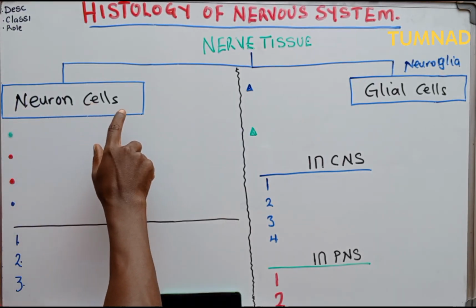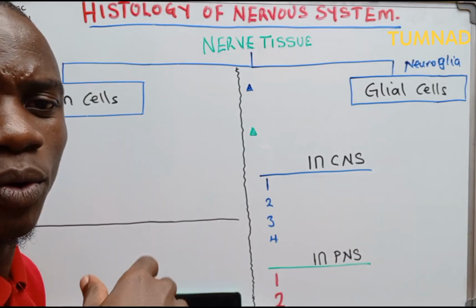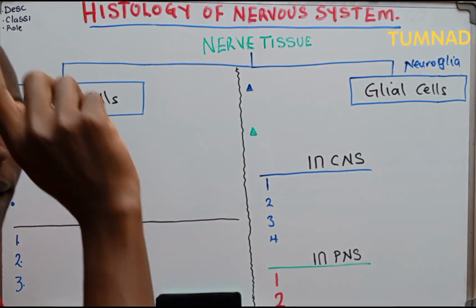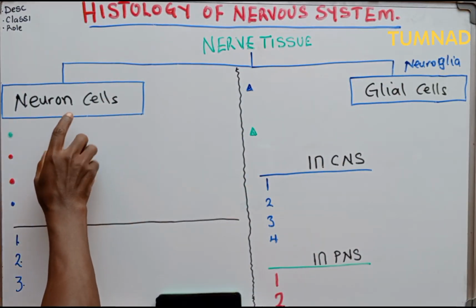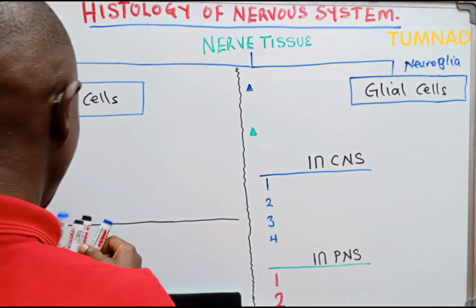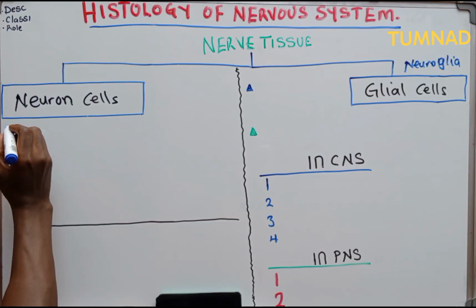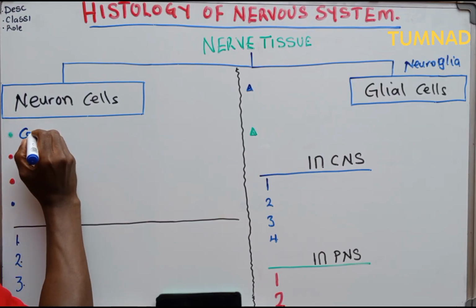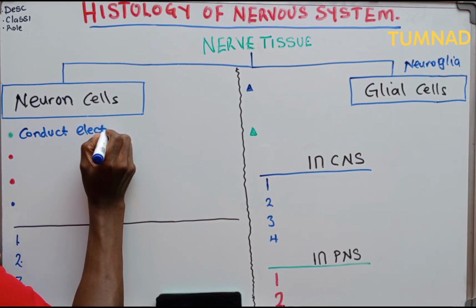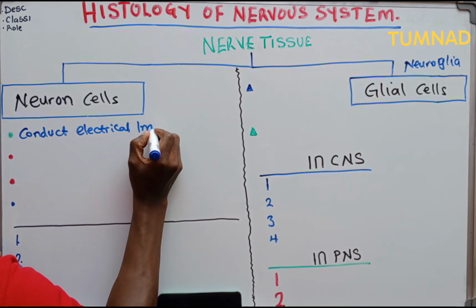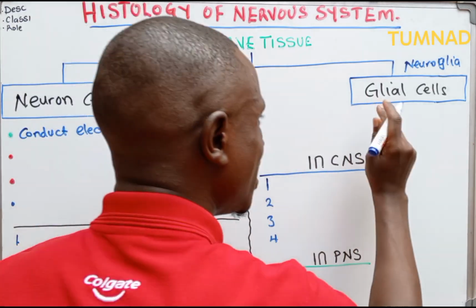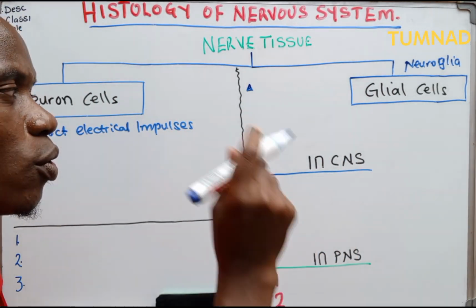These neuron cells are conducting cells. They can conduct electrical impulses. These ones, the glial cells, cannot conduct electrical impulses. For that reason, the key feature that makes neuron cells different from glial cells is that neurons can conduct electrical impulses, while glial cells do not.